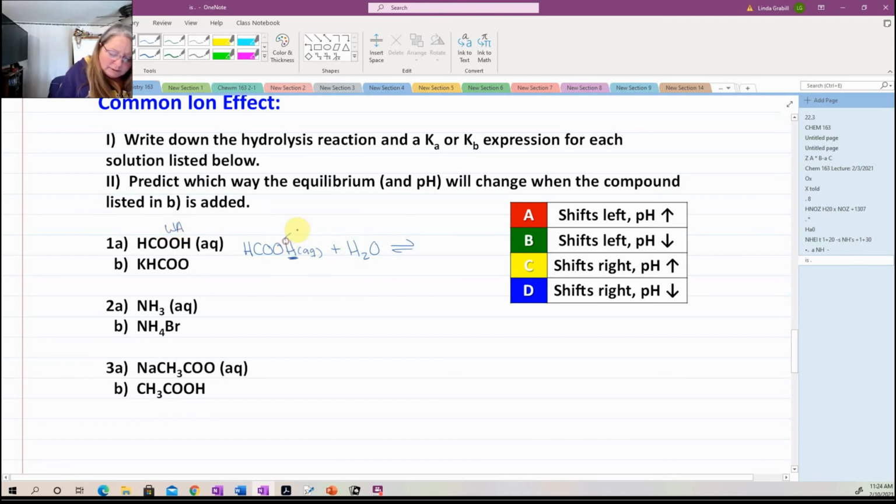So it's going to donate a hydrogen to this H2O water molecule, which is liquid. And that's going to give me H3O+. So what do I have left here? This is my other ion. Even if I don't know what the charge is, if I know that hydrogen has a charge of +1, that tells me that I'm going to have HCOO-.